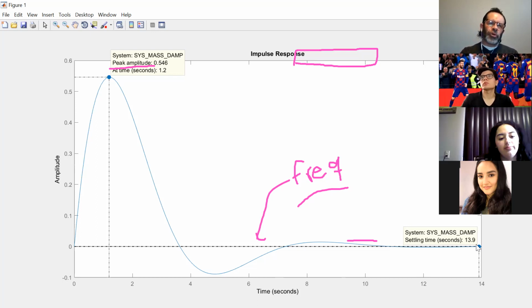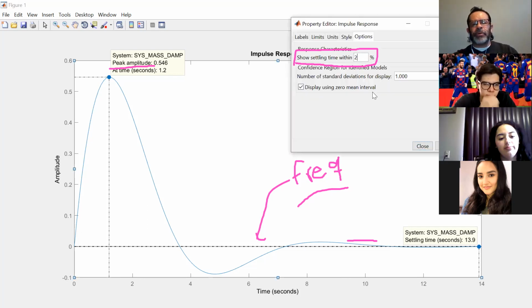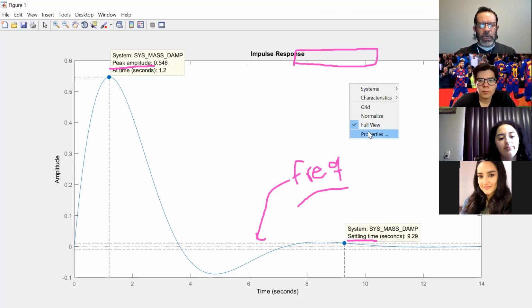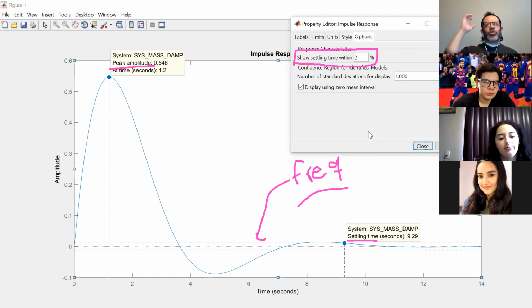But usually in control systems, it's not random that MATLAB put this at 2%. Why? Because in control systems theory, we usually talk about the settling time between 2 and 5%. Okay. Good job, Carlos.